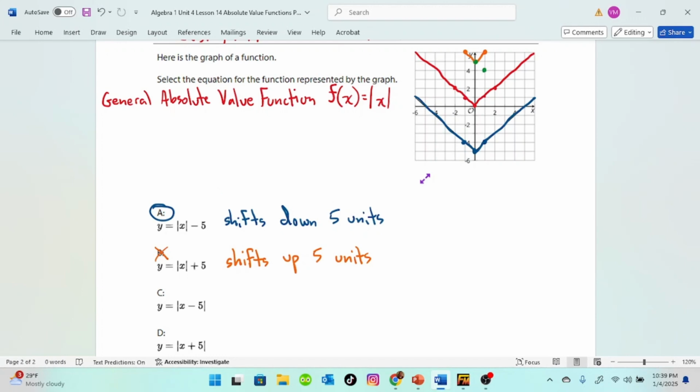If x were negative 1, negative 1 minus 5 is negative 6, and the absolute value of negative 6 is positive 6.